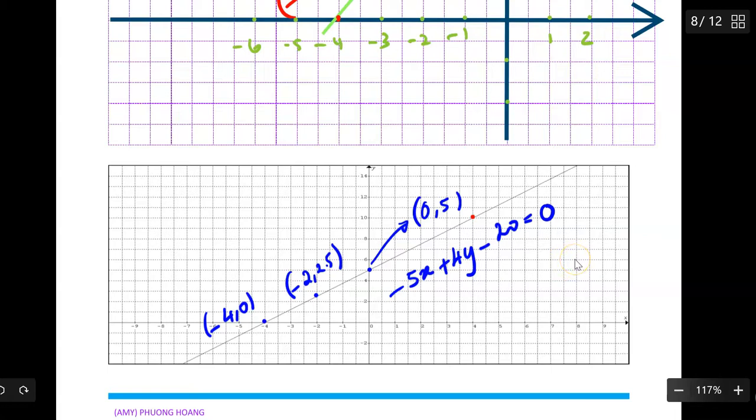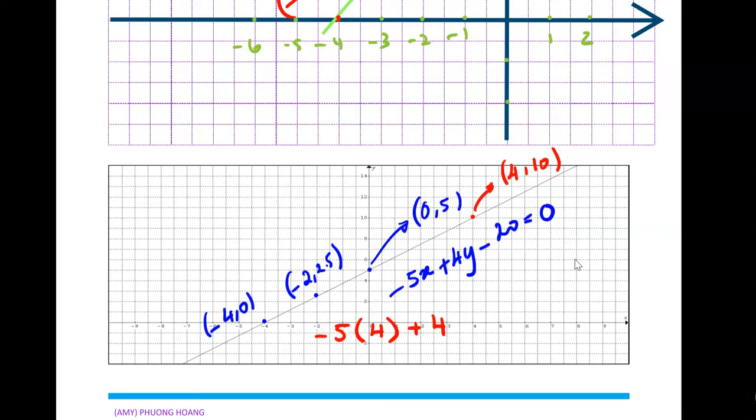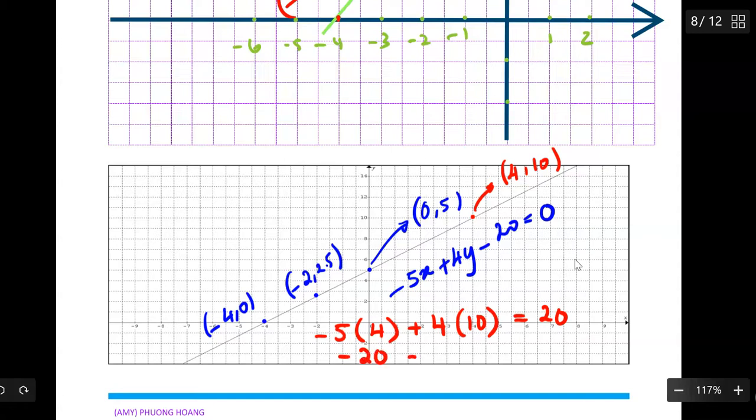So I will put 4 and 10, and then I will check. I will have -5 times 4 plus 4 times 10. Let's say it's equal to 20. So this one is -20 plus 40 equal to 20. Yes it is, so 20 equal to 20, so it's true.